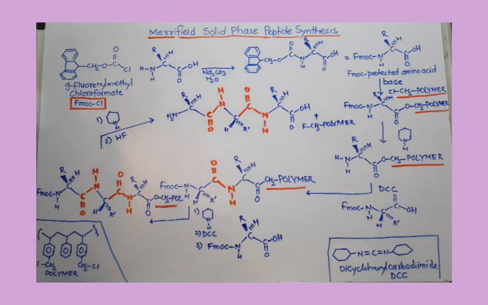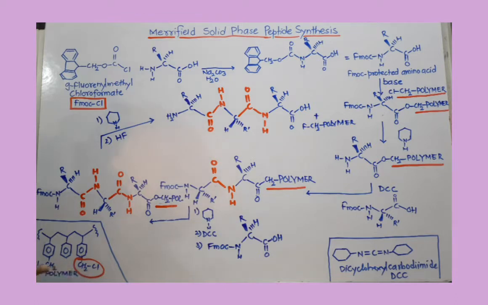Just look at this corner of this board. This is a water insoluble polymer, which is actually a polymer of styrene, a polystyrene polymer, where a chloromethyl group, CH2Cl, is attached to the benzene ring.